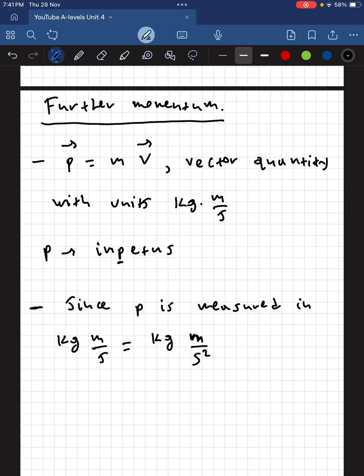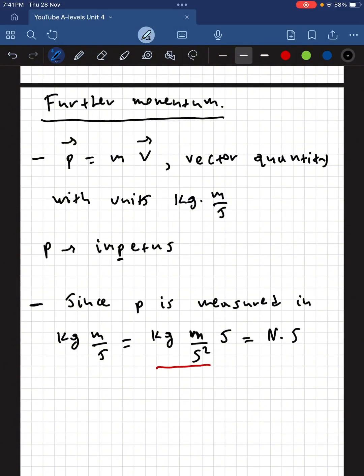And since I introduced seconds squared in the denominator, I have to multiply by seconds in the numerator to cancel the seconds in the denominator. But now notice that this is simply 1 Newton. So this is Newtons times seconds. So momentum is also measured in Newtons times seconds. That's another unit for momentum.